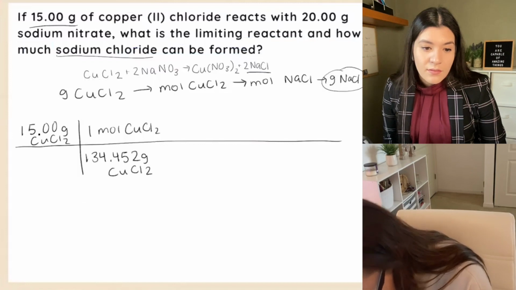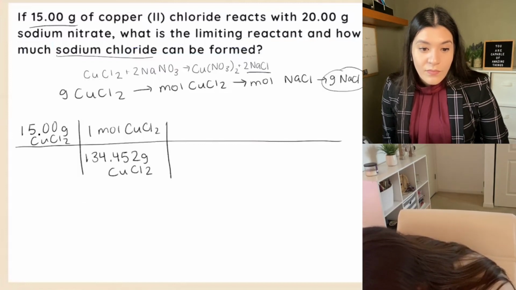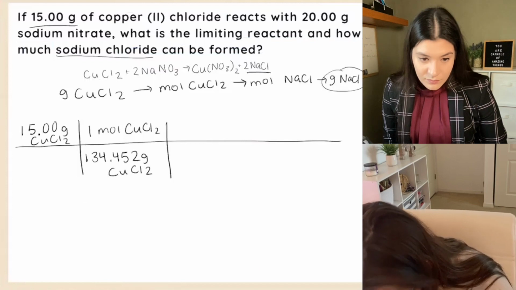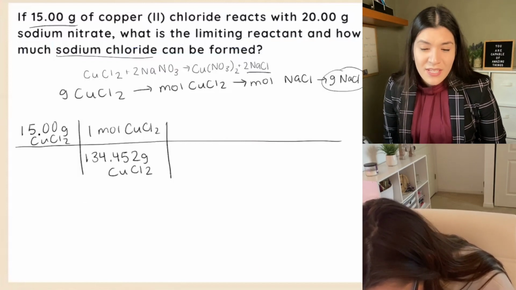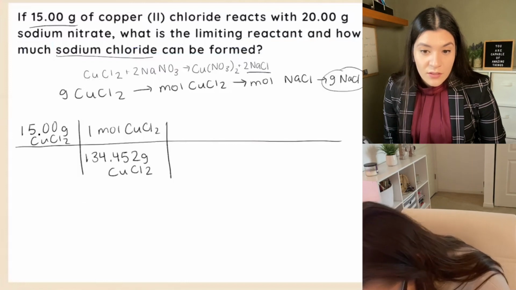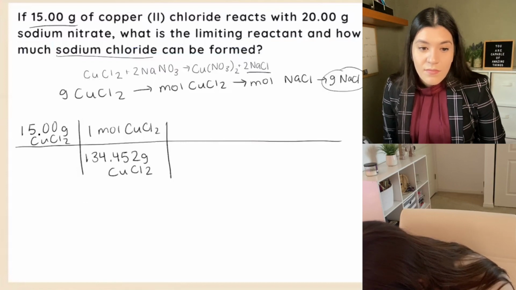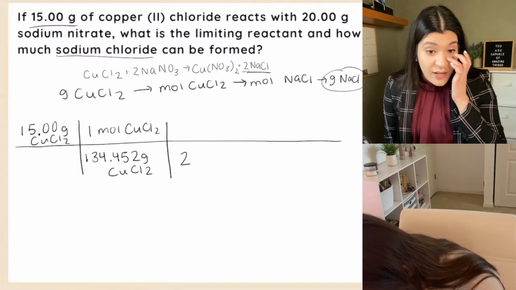So now we are here in our step. Now we're going from the moles of that to the moles of sodium chloride. Good. And what do we use now? Where do we find the moles? Oh, yeah. Okay. So we use the coefficients in the balanced equation.